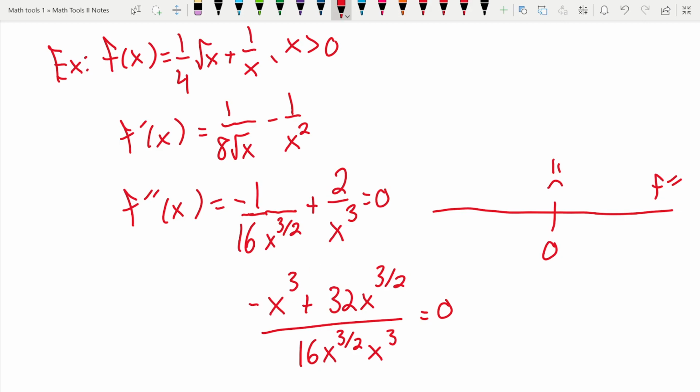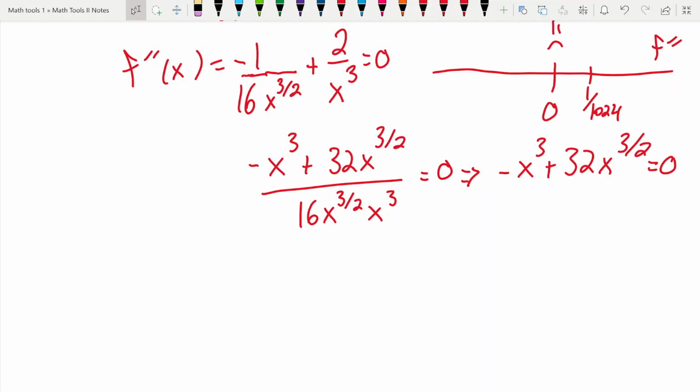So this one definitely looks like it's going to be a little bit trickier. I don't have the solutions or anything, I'm just trying to think of how to do this on the fly. So this part's pretty tricky. I'm thinking that we do a u substitution, where we let u be x cubed, which makes x to the 3/2 basically the square root of u, just to get it in a nicer form.